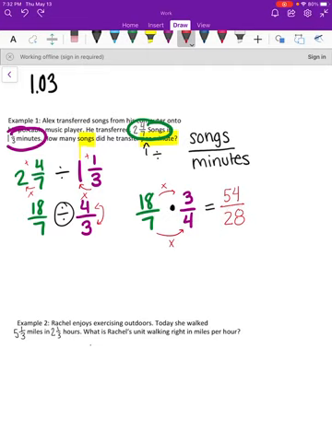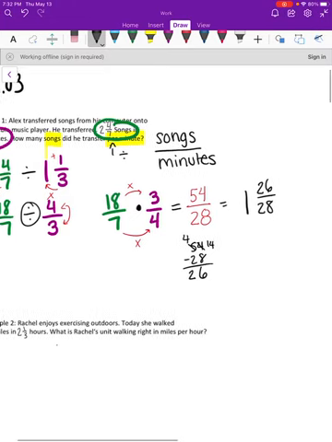So I'm going to do 1. And to do that, we need to do 54 minus 28, which is 26. So there's 26 left over. So we have one full 28 in here, and then 26 over 28 left over.